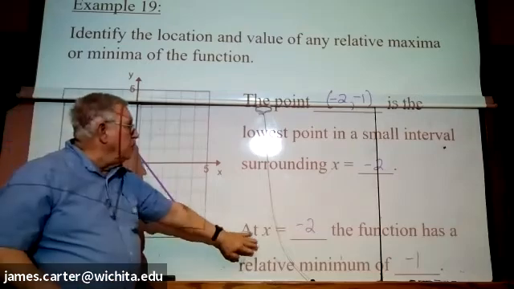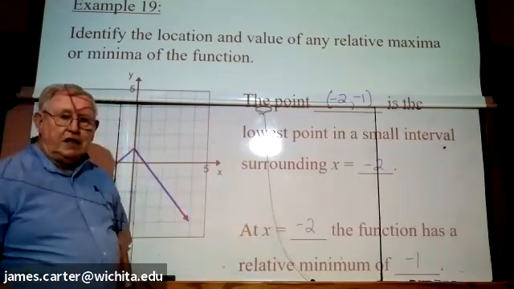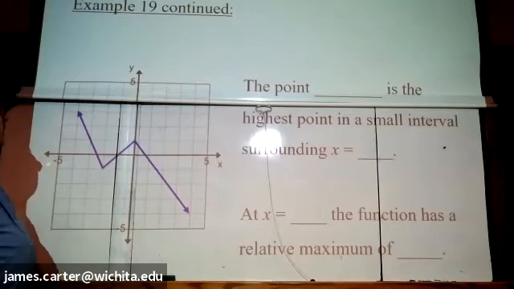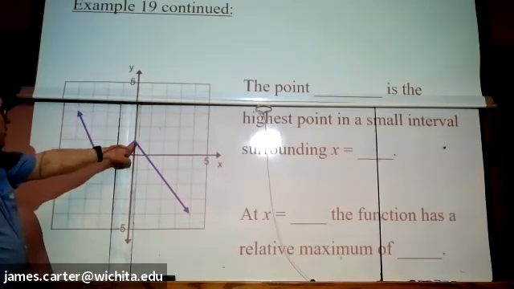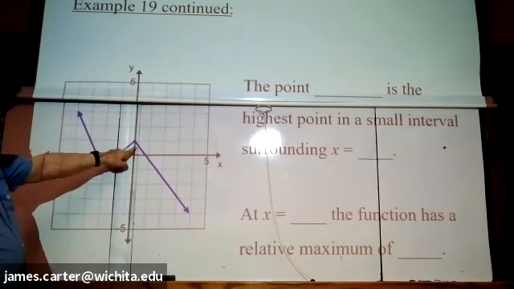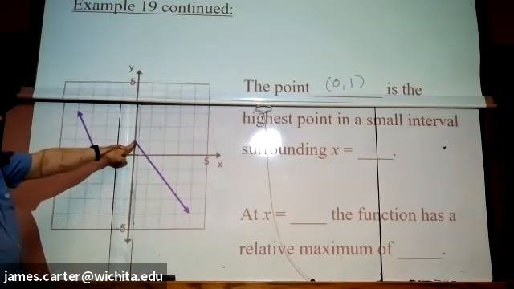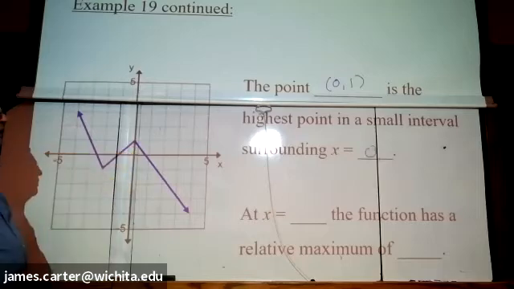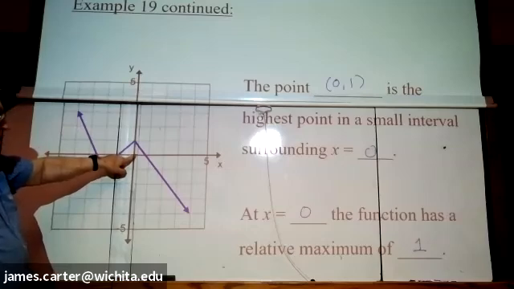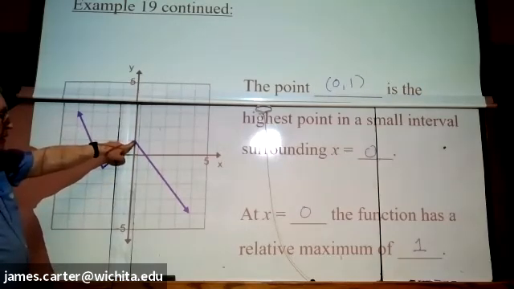So here again, you can see some of the ways of writing this statement. Okay, in this case, the highest point in this interval here, which is 0, 1, surrounding x equals 0. Or we can write that at x equals 0, we have a relative maximum of 1.